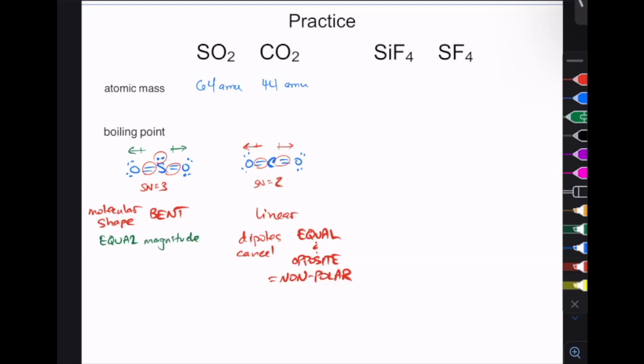But are they in opposition in the bent configuration? No. So they're not opposite, which means that they are polar. It's a polar molecule, meaning that the molecule itself has a dipole moment on it. This is a nonpolar molecule, so it has no dipole moment.